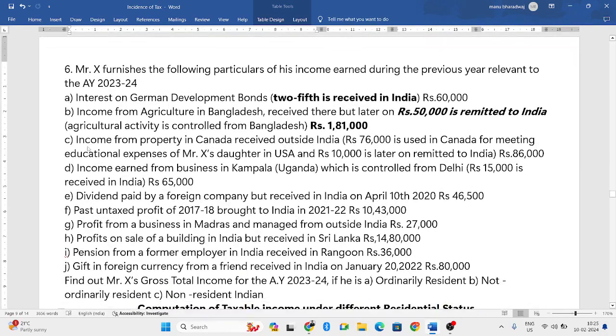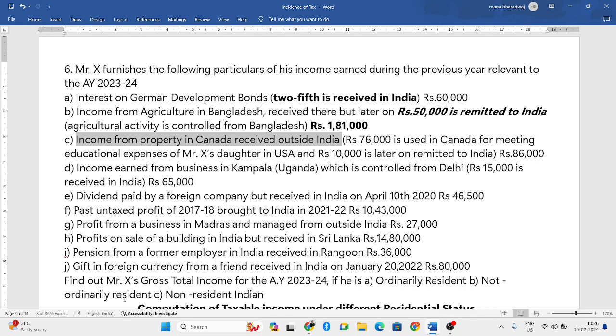Next. Income from property in Canada received outside India. So income has arisen in Canada and received outside India. So both the arising aspect as well as the receiving aspect are outside India. When both are outside India, we will consider it as foreign income.